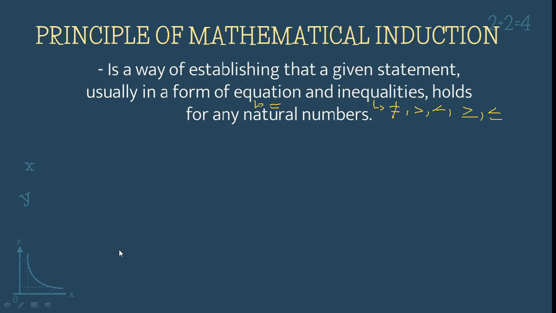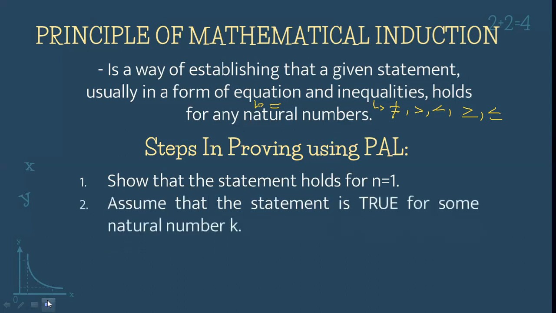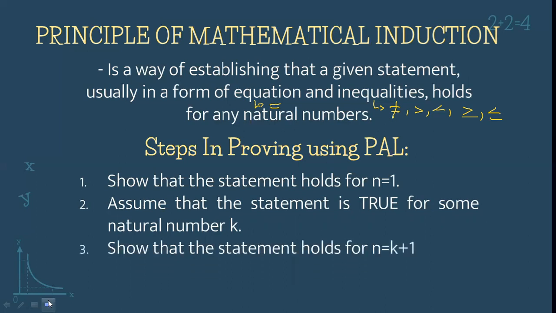Now, the principle of mathematical induction has 3 steps. So the first step is to show that the statement holds for n is equal to 1. Number 2, assume that the statement is true for some natural number k. And number 3, show that the statement holds for n is equal to k plus 1.